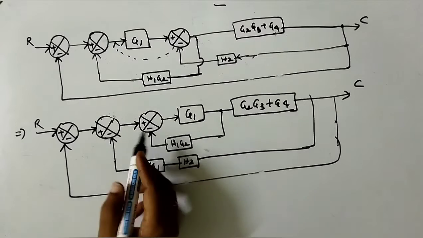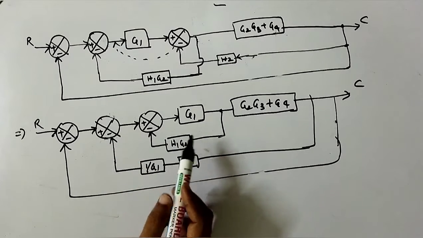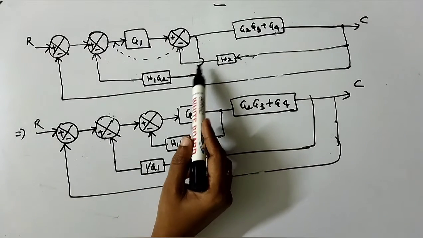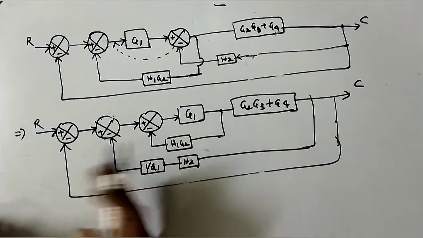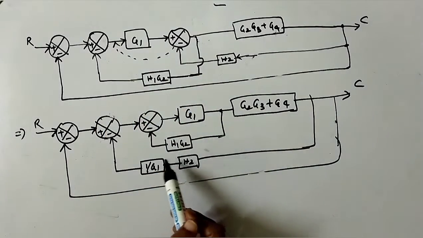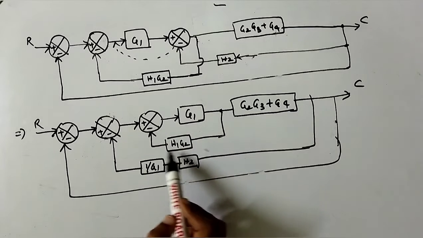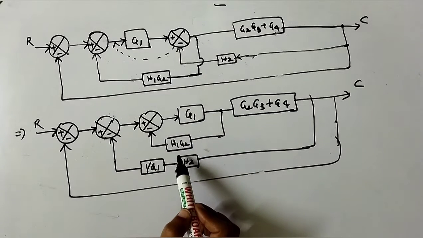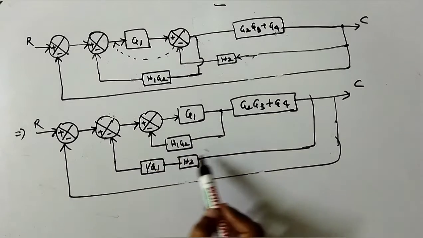So we interchanged them; earlier both loops were overlapping. Now, after moving this, the task is to reduce this particular feedback loop.